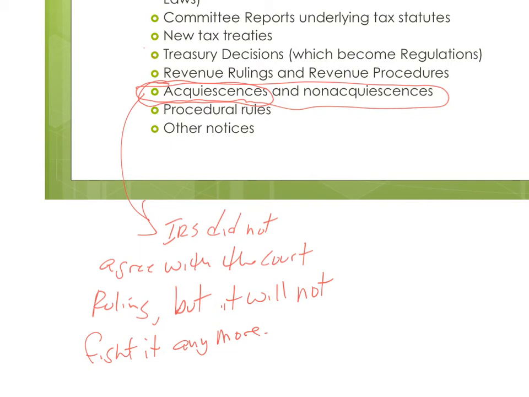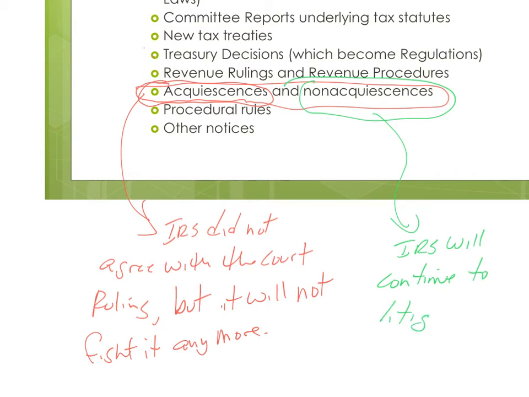Now, contrast that with a non-acquiescence. If the IRS issues a non-acquiescence, it means the IRS will continue to litigate. It means, yeah, we lost this case. The tax court or the district court or the Court of Appeals ruled against the IRS, but the IRS has decided that it is a big enough or important enough issue to the IRS that they are going to continue to fight that issue.